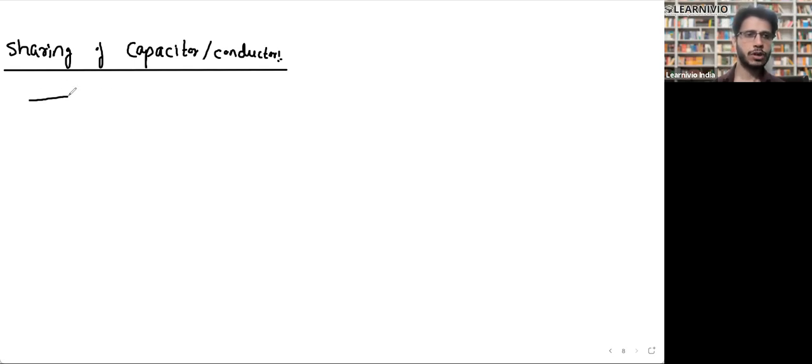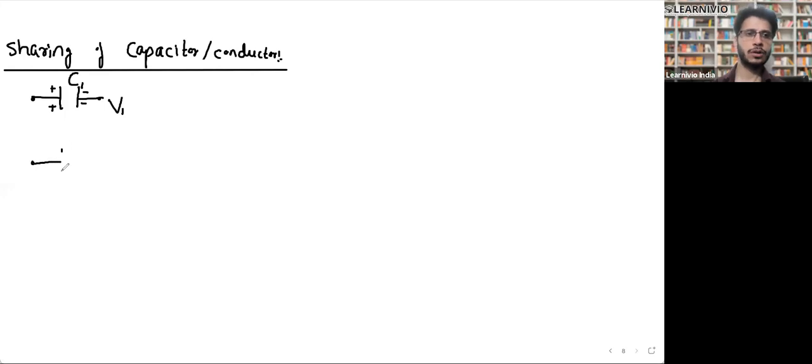So let's say you have two capacitors. The first capacitor has capacitance C1, and the potential difference across its ends is V1. One plate is positive, the second plate is negative.